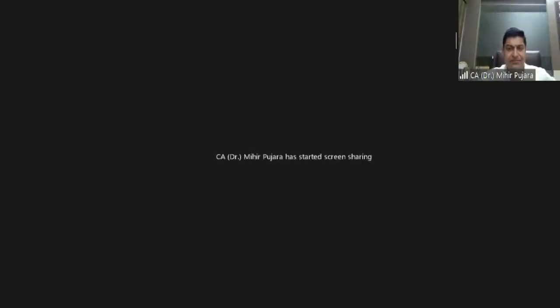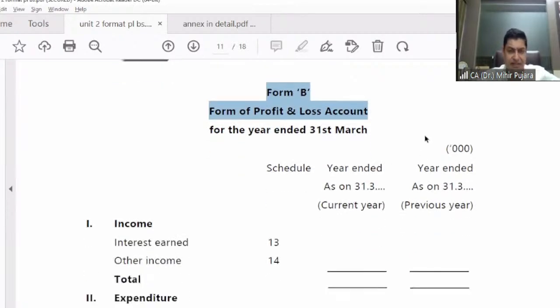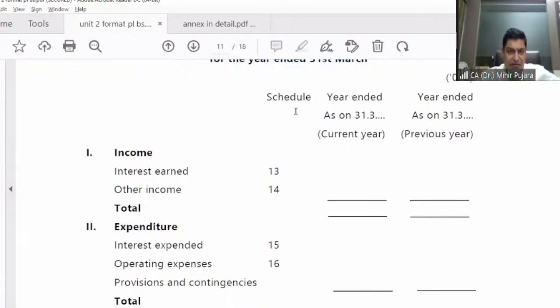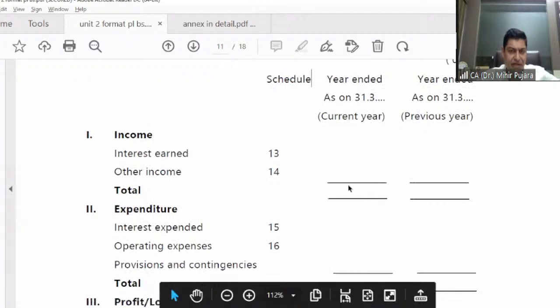Now, guys, this is your Form B, which is mentioned as per the RBI formats. Form B is the profit and loss account format. Now see the schedule numbers.